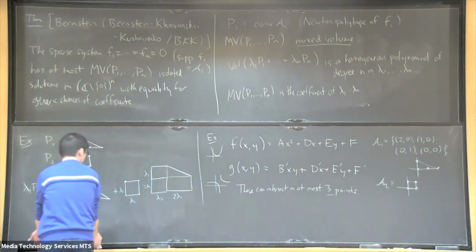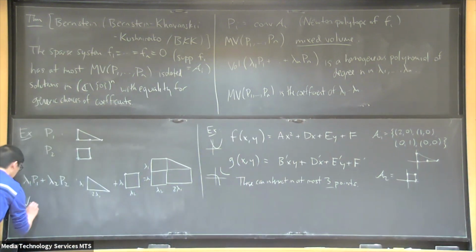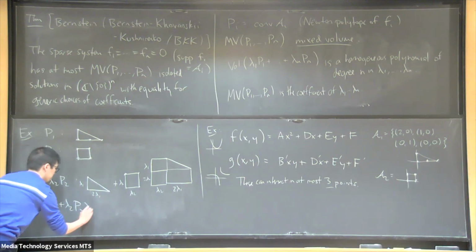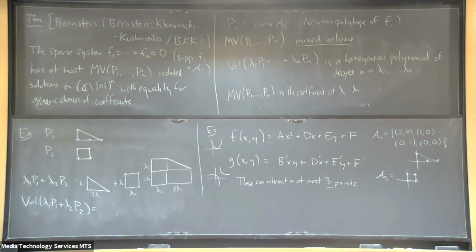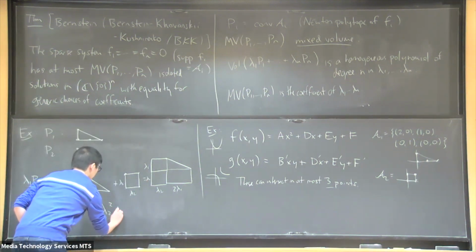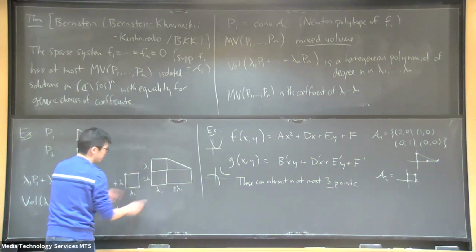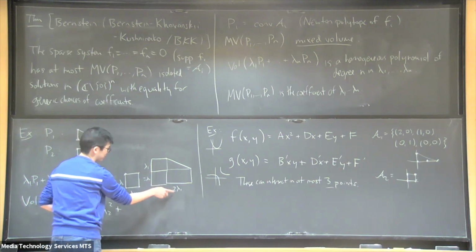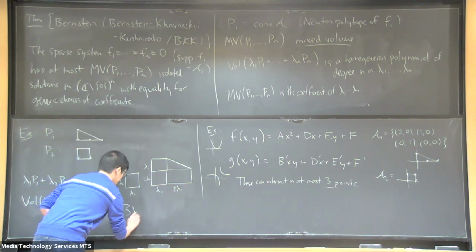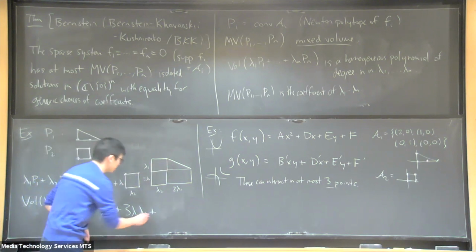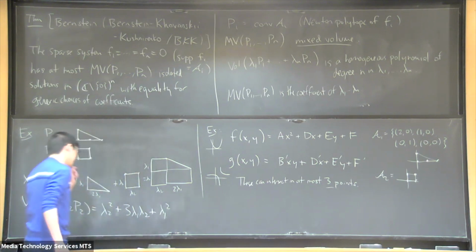So if we compute what the volume of this thing is, we will get, so this guy is lambda 2 squared, and then we have these two rectangles. This is lambda 1 times lambda 2, and then this is 2 times lambda 1 lambda 2. And then we have this little triangle here, which has volume lambda 1 squared.